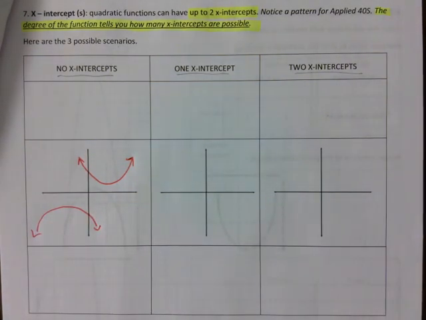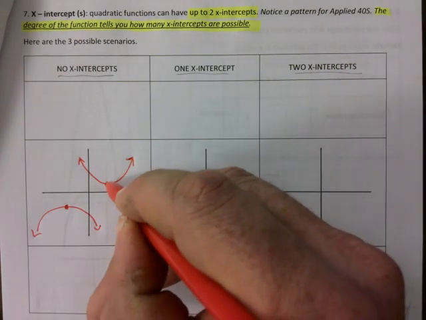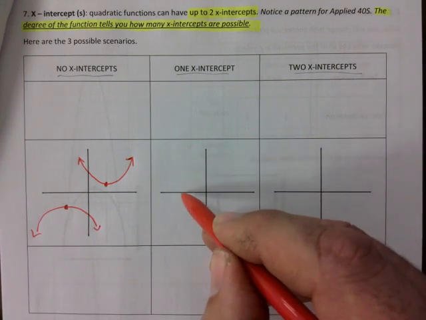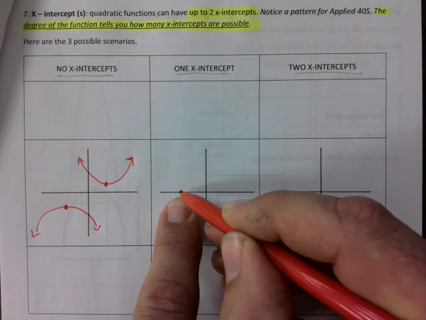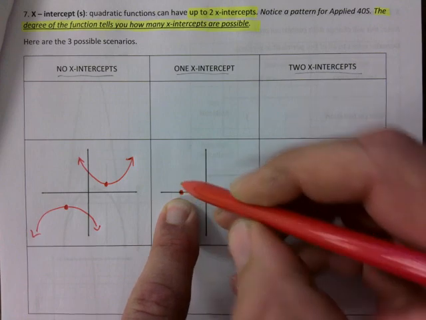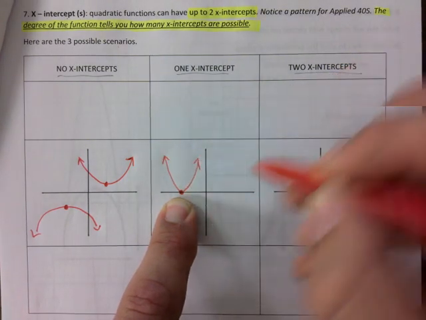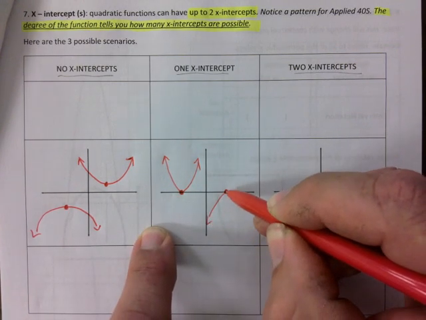And so we're going to make a big dot for the vertex. And then we have the scenario in the middle where the vertex is going to be precisely on the x-axis, and it's either pointing up, or a different scenario where it's right on it but pointing down.